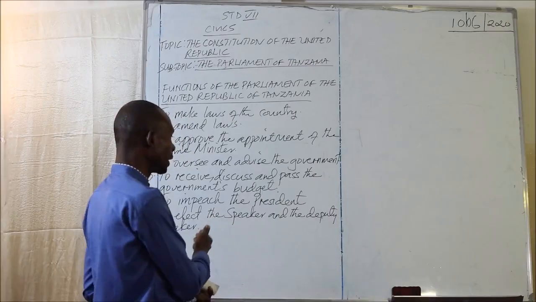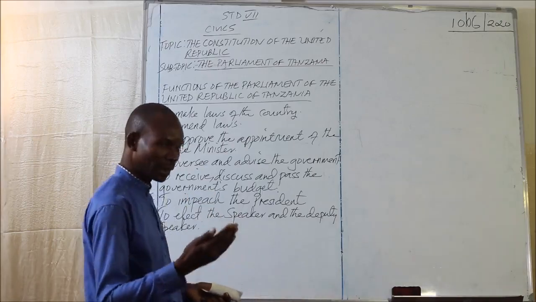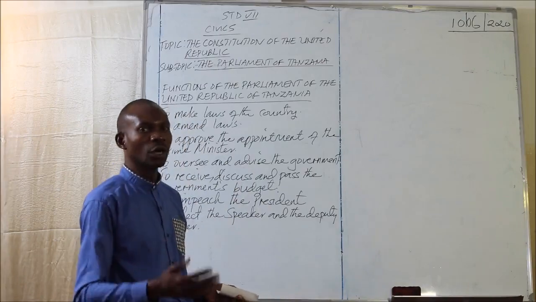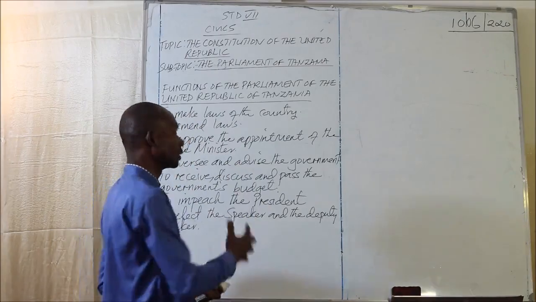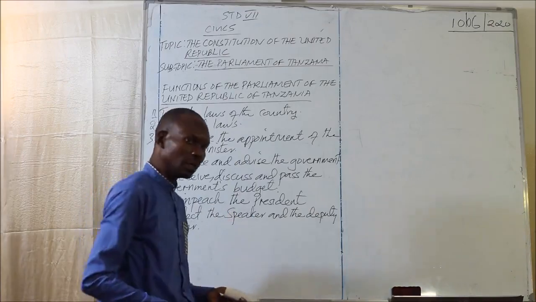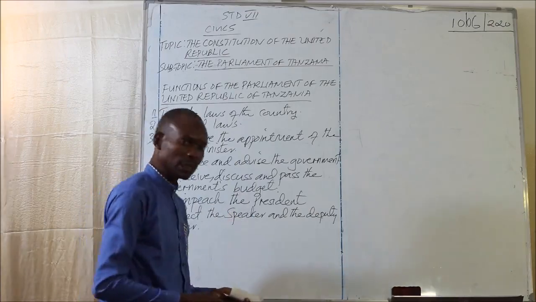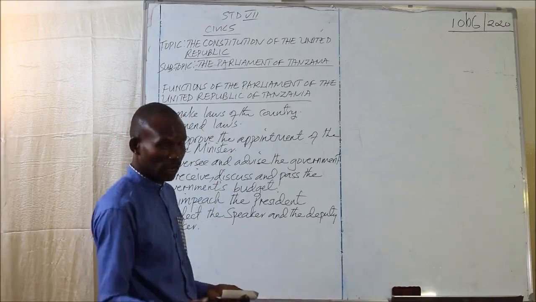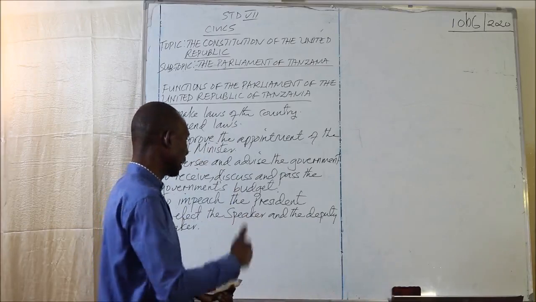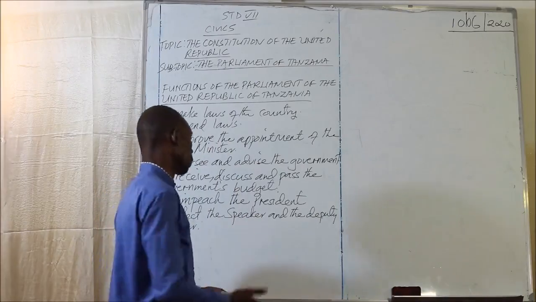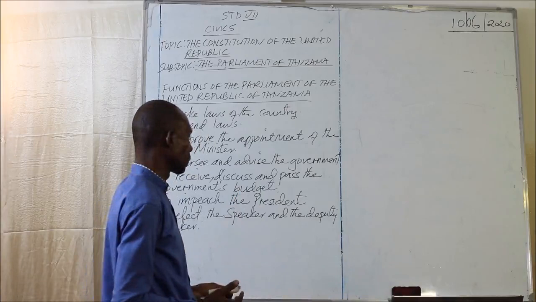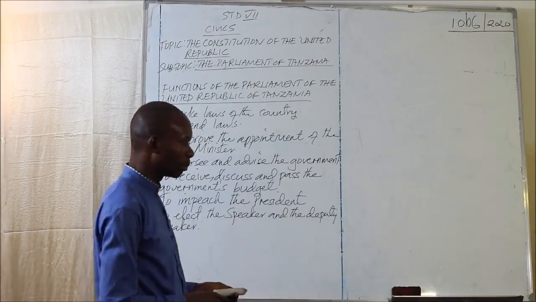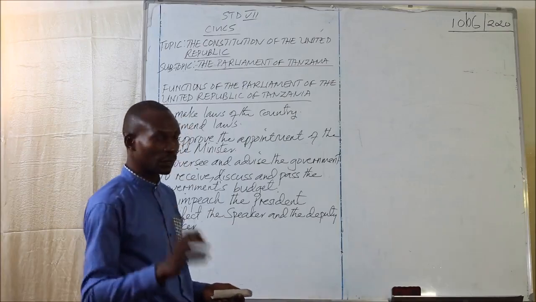These leaders are elected immediately after the general election, during the first meeting of the new parliament, when the members of parliament gather and elect their leaders, starting with the Speaker. Immediately after the Speaker is elected, another procedure comes in: the Speaker takes the oath of office, and this is always done by the clerk of the National Assembly.